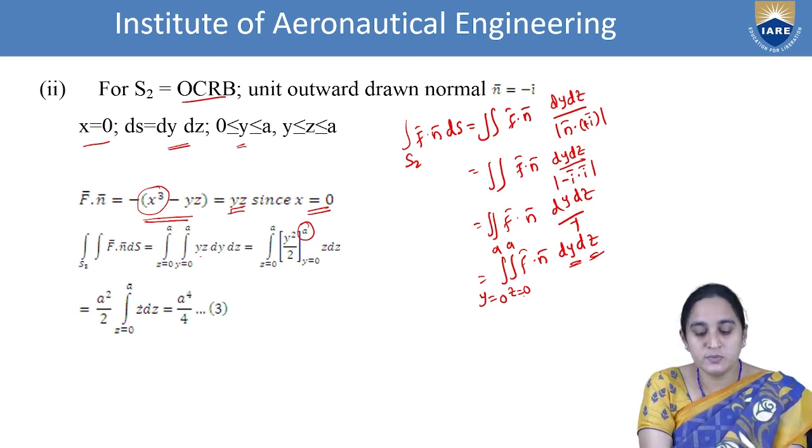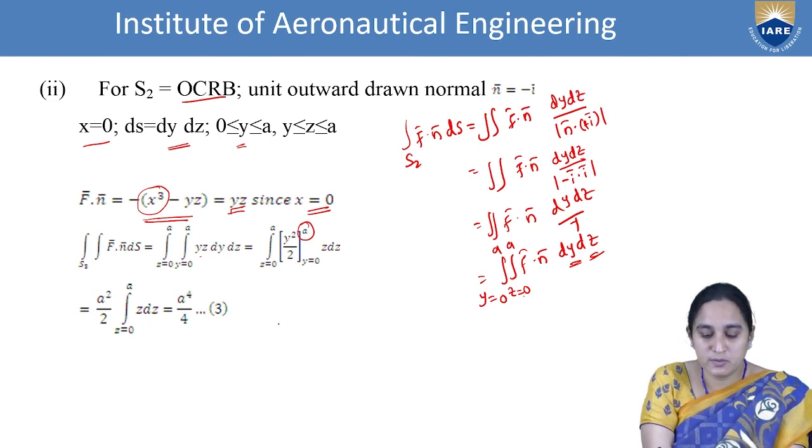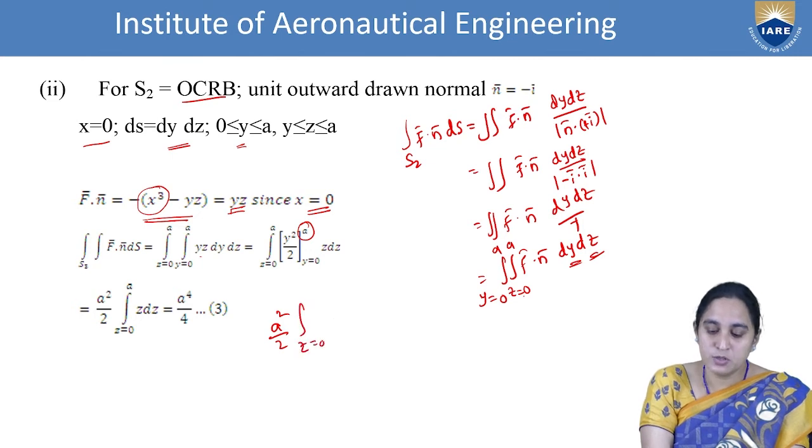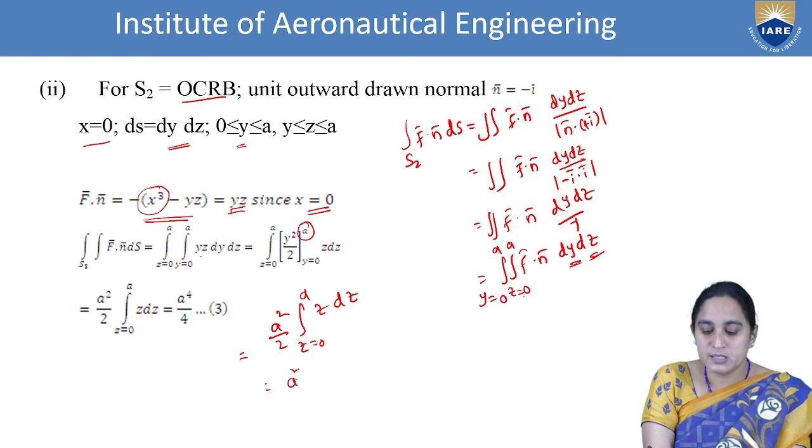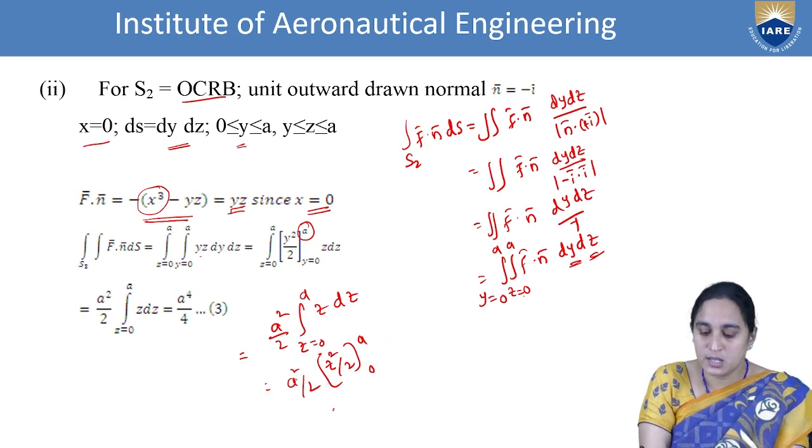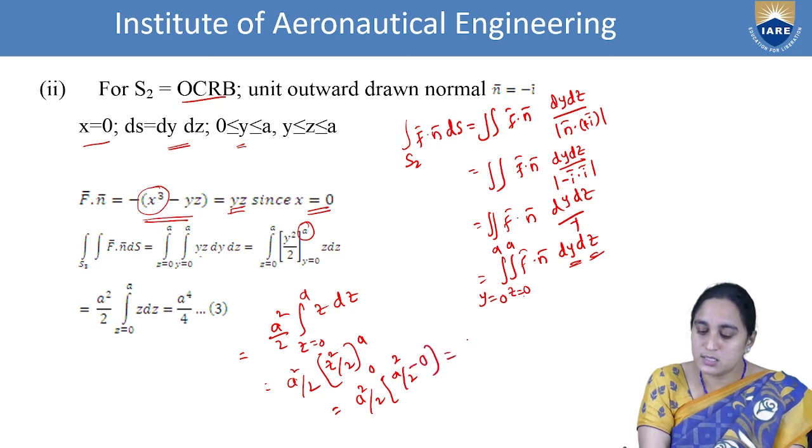What is the integration with respect to z? Z integration is z square by 2. Now I will write that step here. A square by 2 integral z from 0 to a of z dz is equal to a square by 2 times z square by 2, limits 0 to a. That is a square by 2, upper limit a square by 2 minus 0. That is a power 4 by 4.